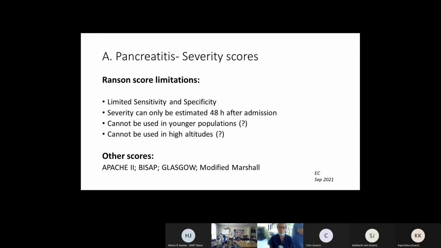After these Ransom scores, there are several others that are very similar, like the BISAP, the Glasgow, and modified Marshall. But to be honest, a simple score as APACHE-2 that is not specific for pancreatitis at all and will have a broader number of parameters will probably be better to give us an idea of the severity and thus the mortality of the patient.